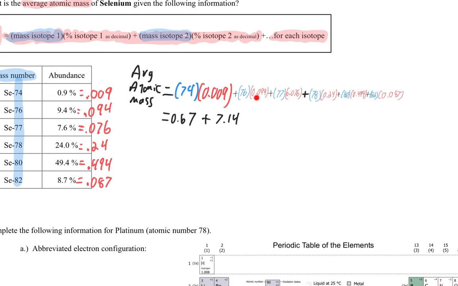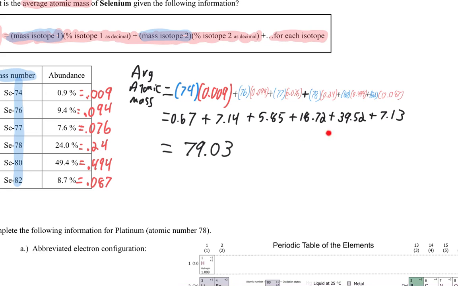And 76 times 0.094 is 7.14. 77 times 0.076 is 5.85. 78 times 0.24 is 18.72. 80 times 0.494 is 39.52. And 82 times 0.087 is 7.13.